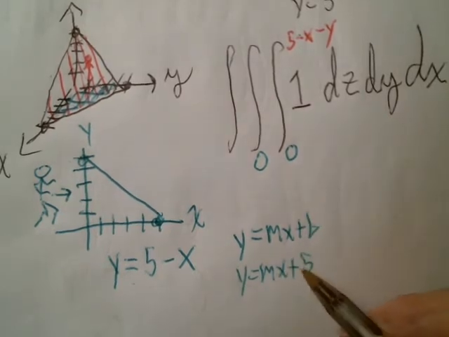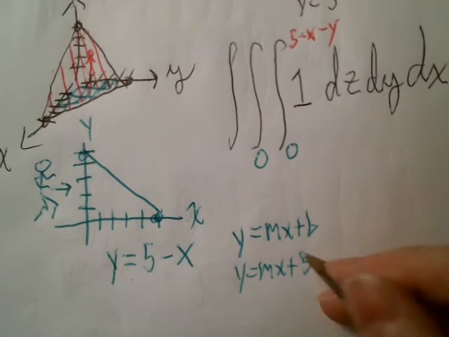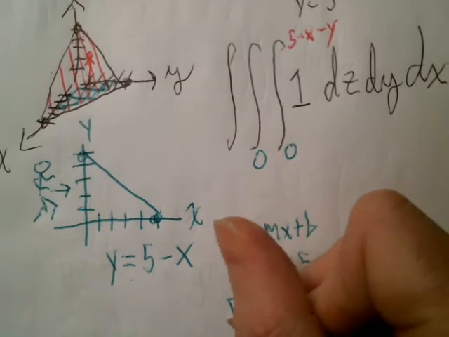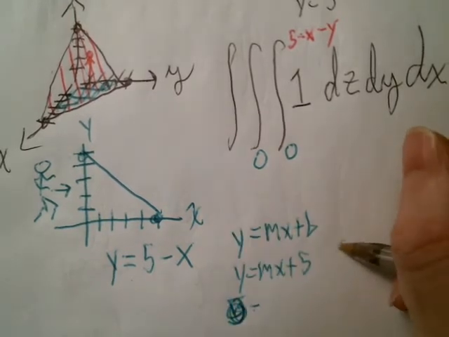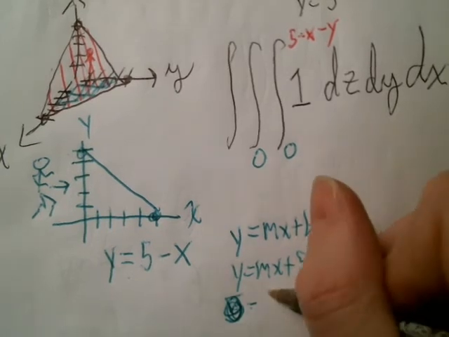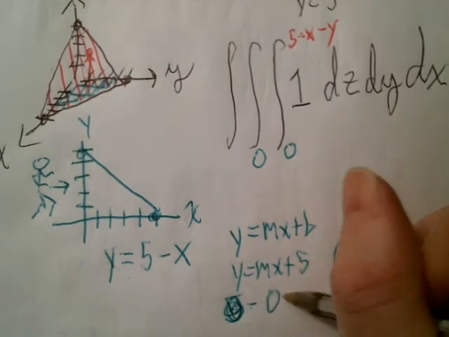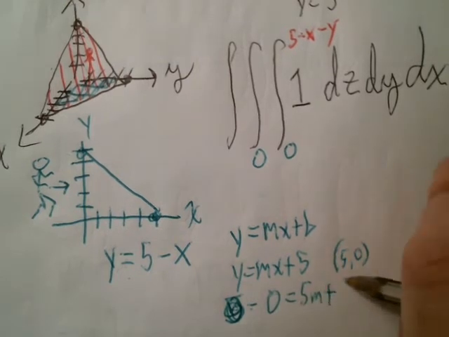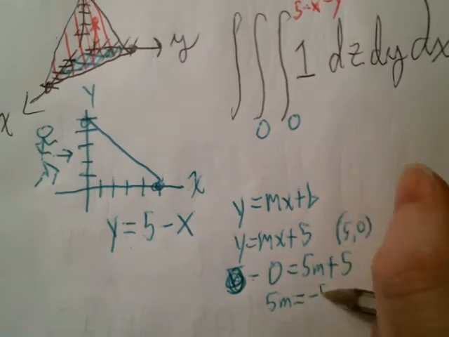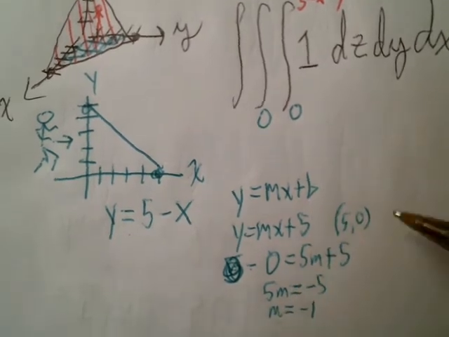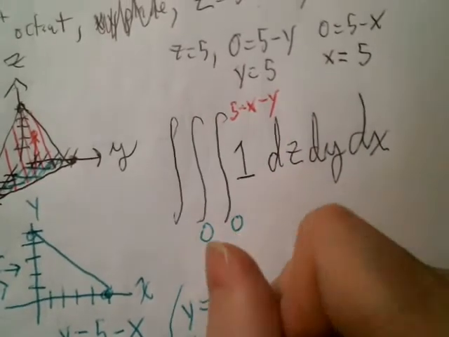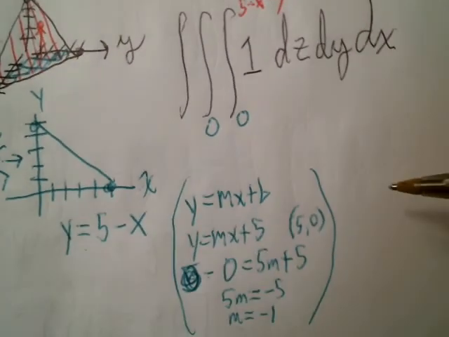And then you know a point is 5, 0. So plug in 5, 0, and you get 0 equals 5m plus 5. And then you could solve for m, and you get m is negative 1. So plugging all that together, you get this, just in case you've forgotten how to figure out the equation of a line.